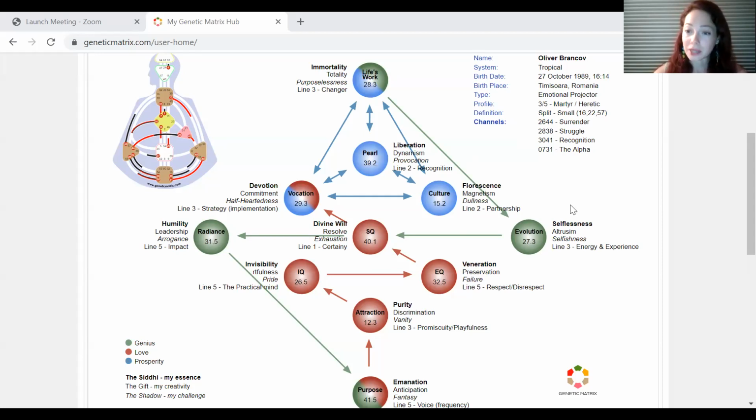So in case you have your GenKeys profile and you see number 4 somewhere before the dot, before the point, so we have the GenKey before the point, and after the point we have the line. So in case that in front of the line you see number 4, that means you have GenKey number 4 active in your profile.